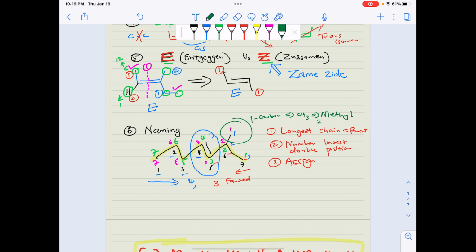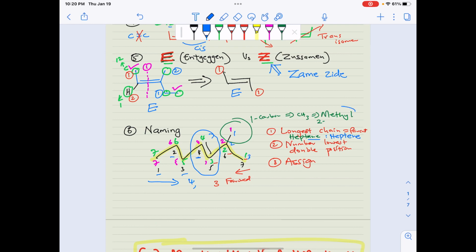So it becomes 2-methyl. So we want to put the parent name, the longest chain, because it's 7, it's supposed to be heptane. But remember, we drop the last A and E and change that to E and E, so it becomes heptene.